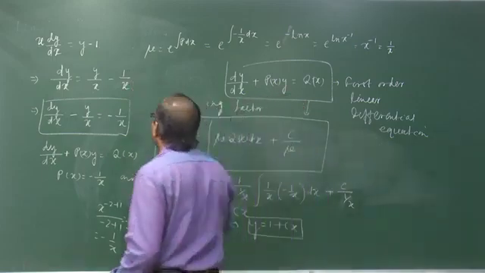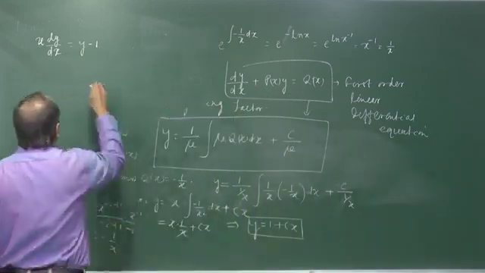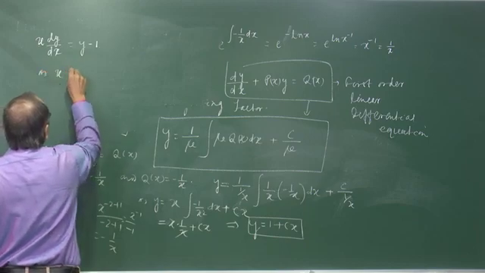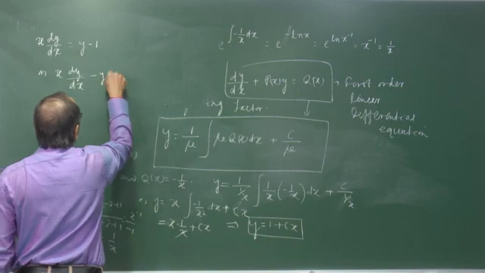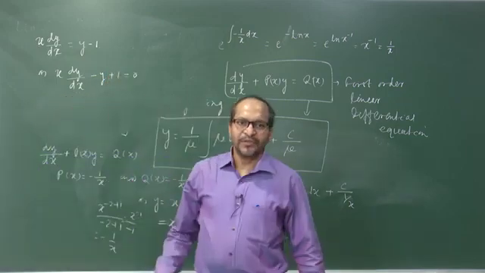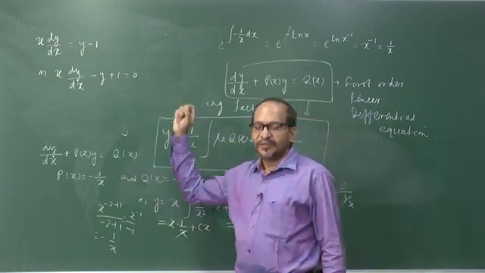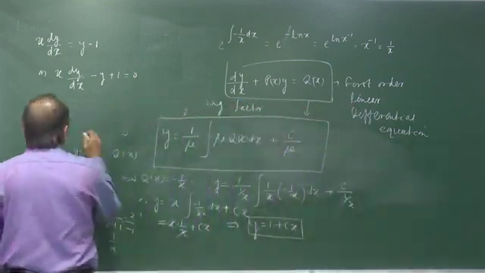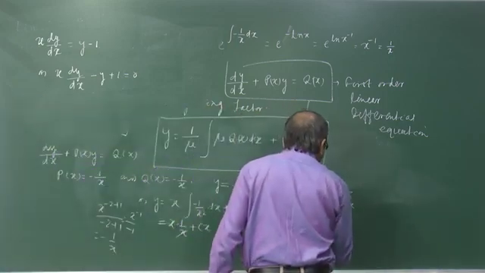Our differential equation is x into dy by dx is equal to y minus 1, or we can say x into dy by dx minus y plus 1 is equal to 0. This is the identity. Okay. So, if this is the solution, it must satisfy this equation. So, if we put here y is equal to 1 plus cx, what will be dy by dx?